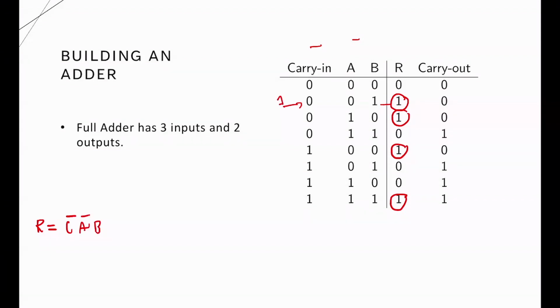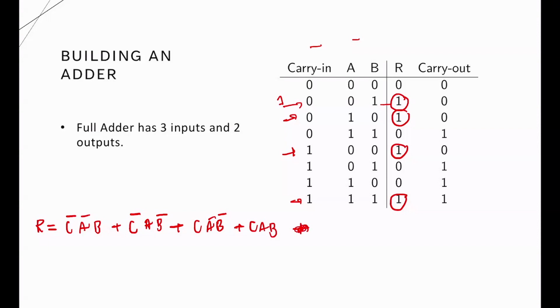This is the first one. Or 0, 1, 0, which is C bar, A, B bar. Or 1, 0, 0, so it's C, A bar, B bar. Or all of them are 1, so CAB. So here we have the circuit of the summation. So the sum is equal to this.